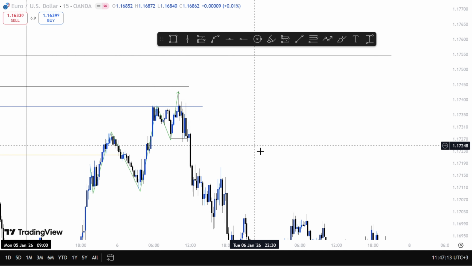But in order to minimize the stop loss, I had an idea. It's what we do in Gemini. So I went on to the 3 minutes.